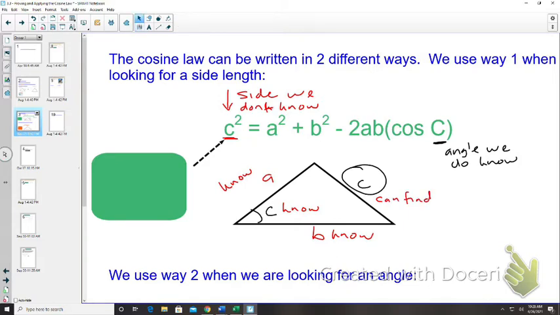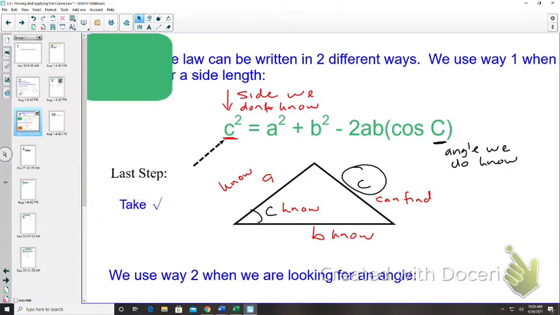Okay, but if we are solving for C, what must we do to our equation to solve for just C? We do absolutely need the square root of it as well. So the last step is to take the square root of everything, okay?